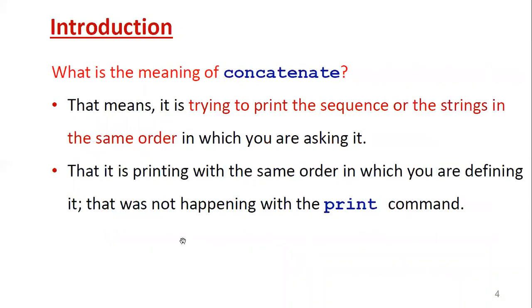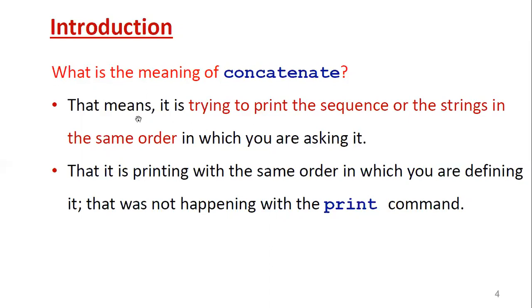Then what is the meaning of concatenate? It means printing the sequence or the strings in the same order in which you are asking for it, whatever order we require.